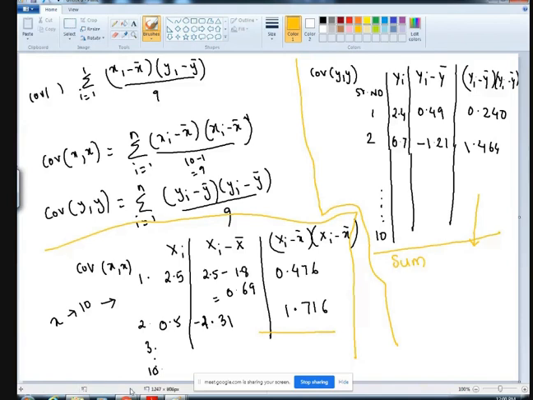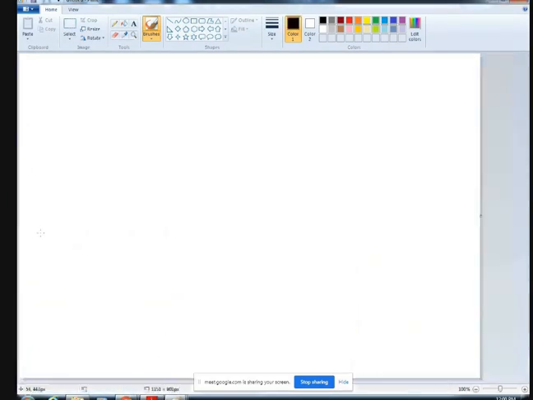Now the remaining thing was your covariance of x comma y, or covariance of y comma x. Now we are going to apply the formula again.